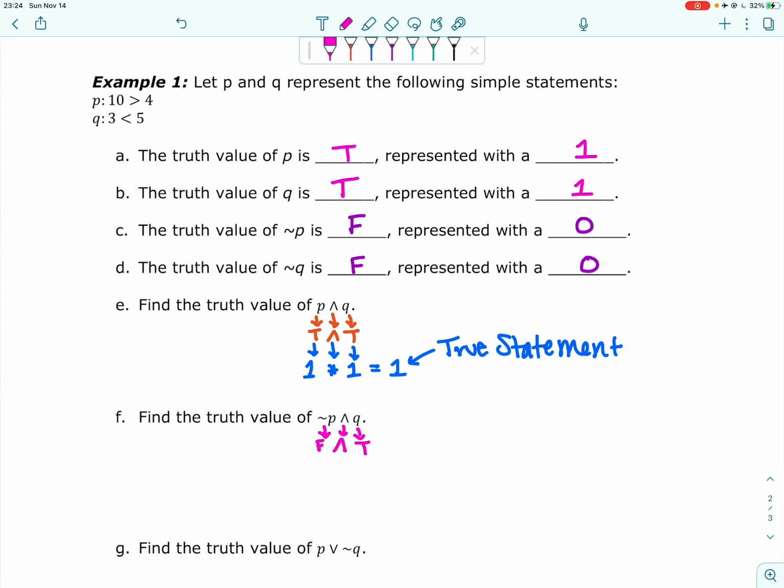So a false statement is a 0, and means multiply, and a true statement is 1. 0 times 1 is 0. Because the result of this multiplication is 0, this statement is false.